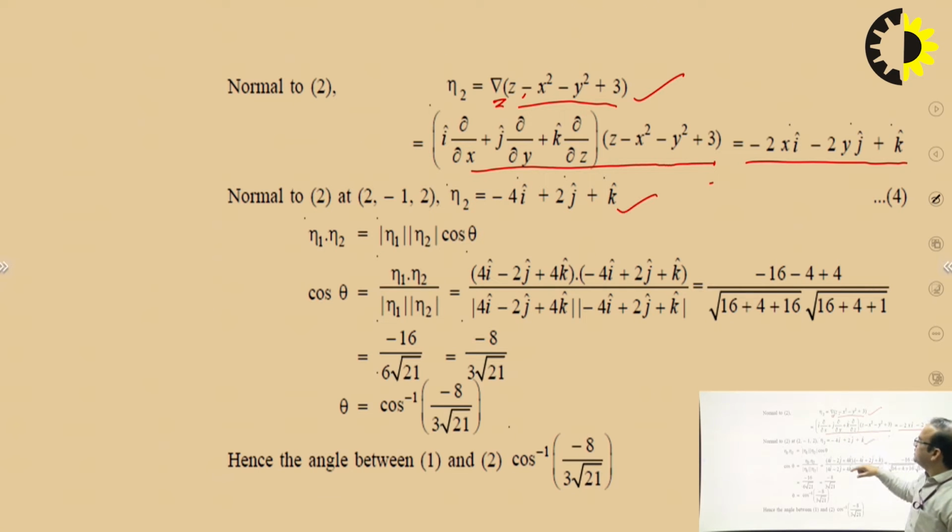This is the result after differentiation, but when we substitute the values of the given point x, y, z, we will get minus 4i plus 2j plus k cap. This will be equation number 4.